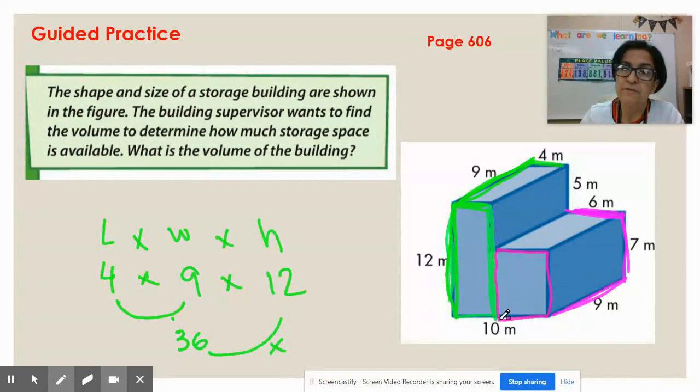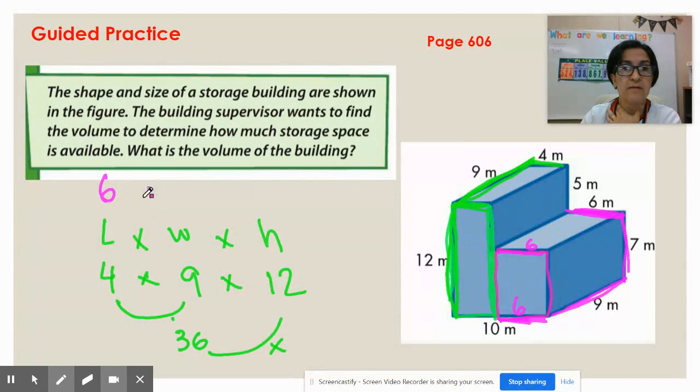I like to look at the front as my length. I always look at the front as my length. Well, this, I don't have a number here because 10 is the total, right? Well, look at the top. These are the same. Well, this number here is the same. It's 6. 6. That's another thing important about knowing your shapes is you know that one side is equal to the other side. So this is 6 for length.